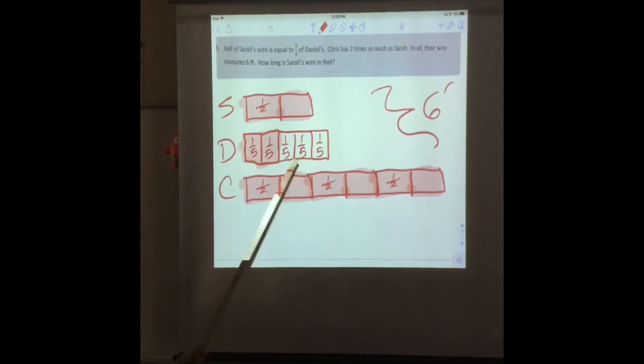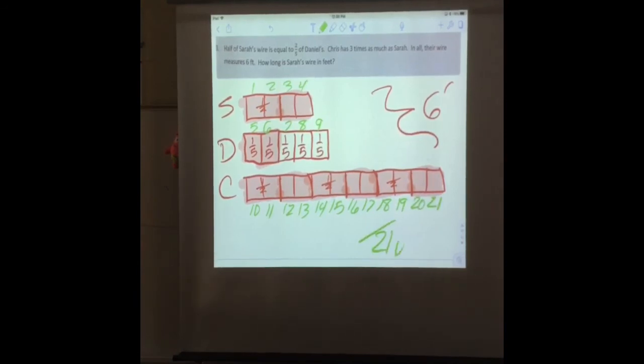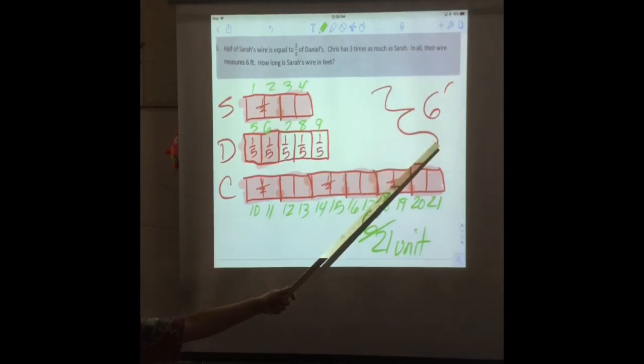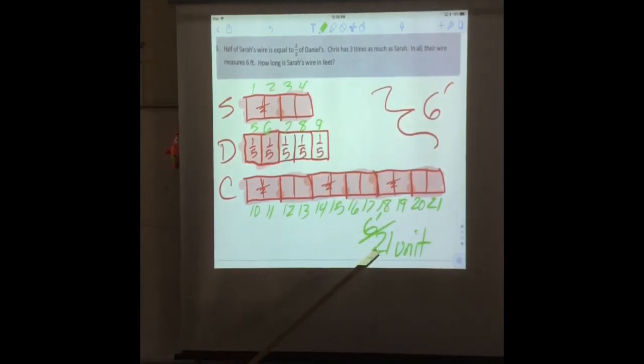Well, if we cut it into fifths, 1, 2, 3, 4, 5, 6, 7, 8, 9, 10, 11, 12, 13, 14, we have 21 is our unit, and 21 units is how long? 6 feet, right? So 21 units is equal to 6 feet.